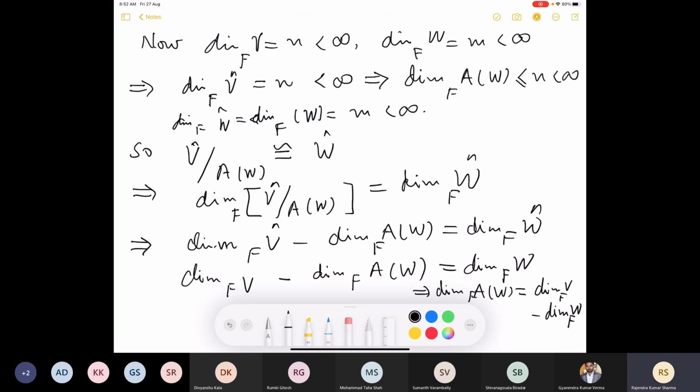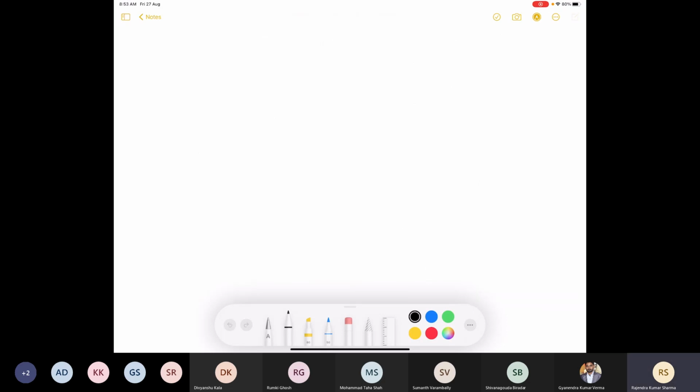If the dimension of V over F is N and that of W is M, then the dimension of the annihilator is N minus M. So what we have proved is that if V is a finite dimensional vector space and W is a subspace of V, then W hat becomes isomorphic onto V hat by the annihilator of W, and in particular the dimension of the annihilator is the same as the dimension of V minus the dimension of W. And as a deduction from here, you can prove more.